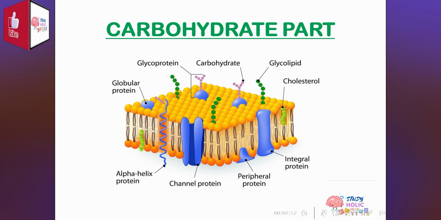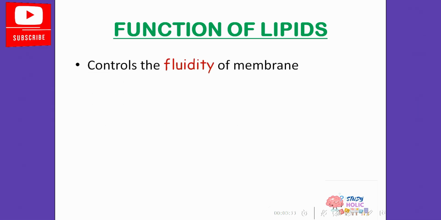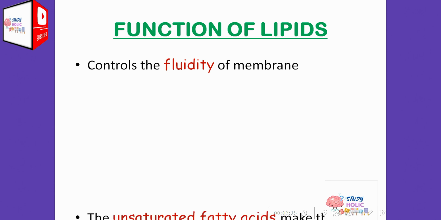Now I'm going to discuss the functions of each component. Firstly, I'll be discussing the functions of lipids. The main function of lipid is that it controls the fluidity of the membrane. The second function is that the unsaturated fatty acids make the cell membrane flexible. How does it make cell membranes flexible?